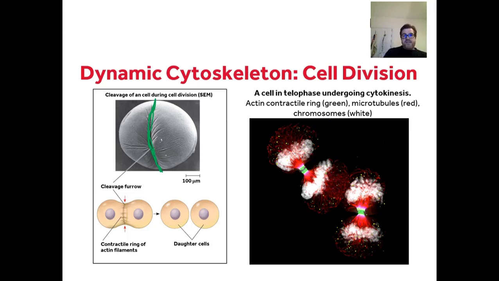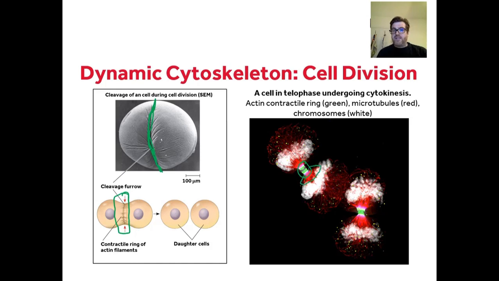And what happens in that cleavage furrow, as they're beginning to separate, we get a contractile ring of actin filaments, and hopefully you can see it a little bit better over in this diagram here, where that ring is that center structure, which is green, and it is connected to the microtubules, which are around.